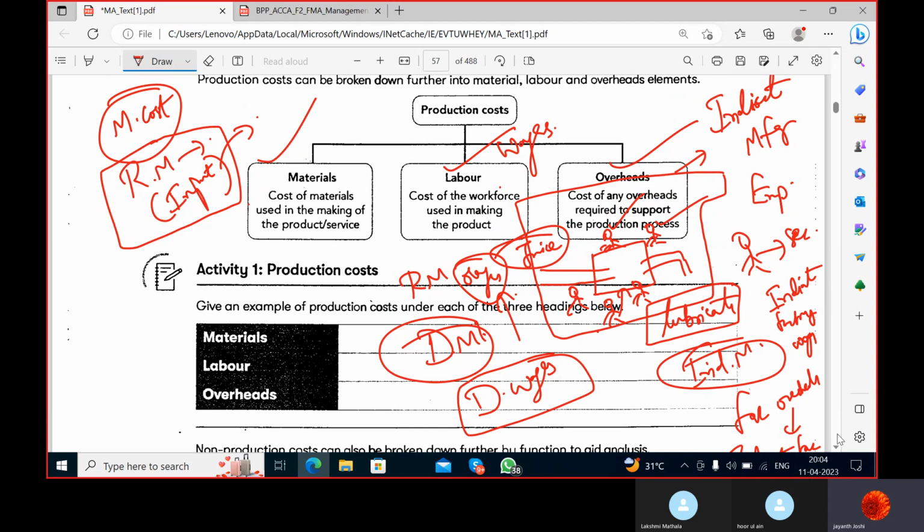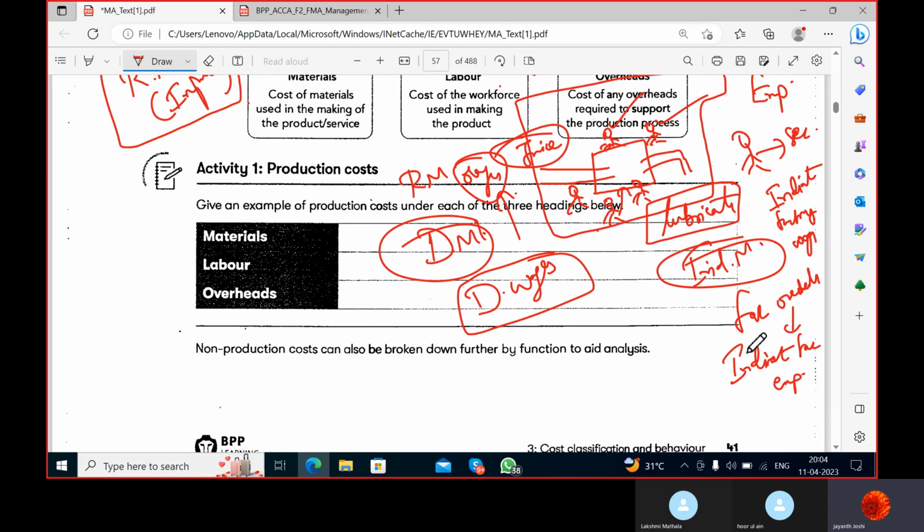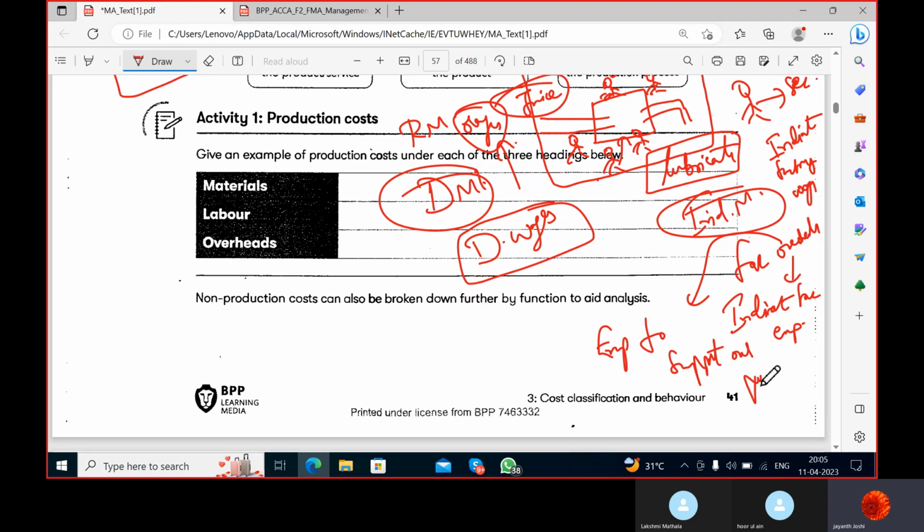So one thing you should know: overheads are nothing but the expenditure we are spending to support our prime activity. Indirect expenses are the expenses spent to gain support for our direct activities.